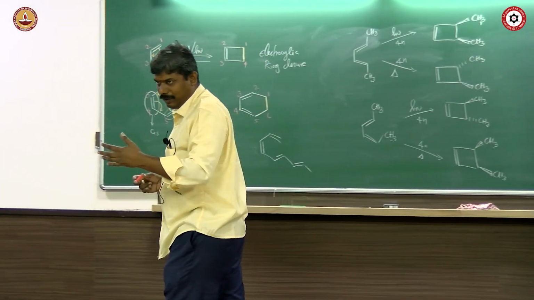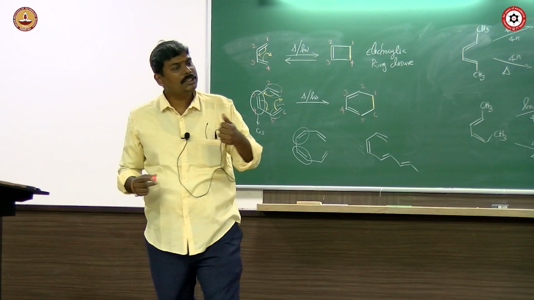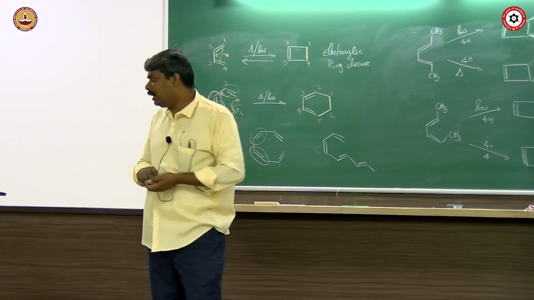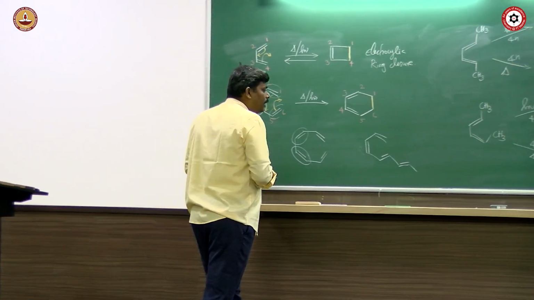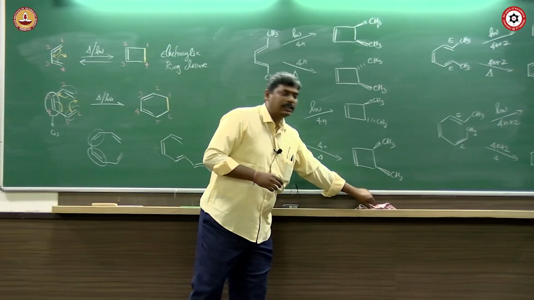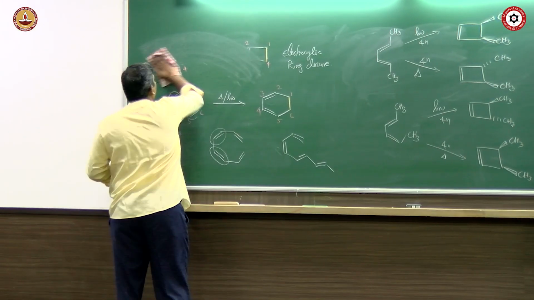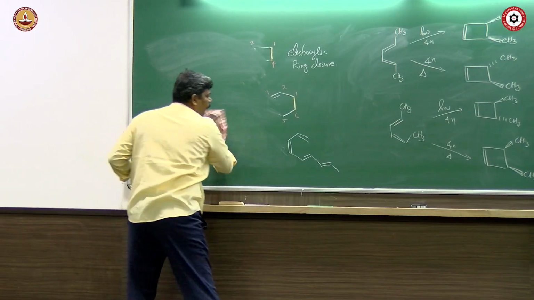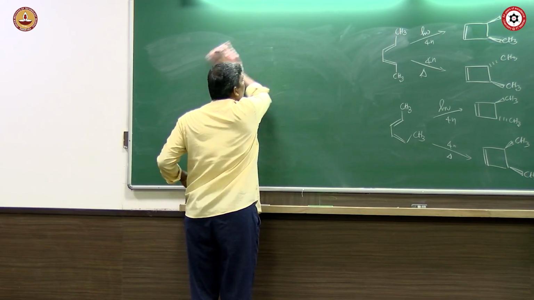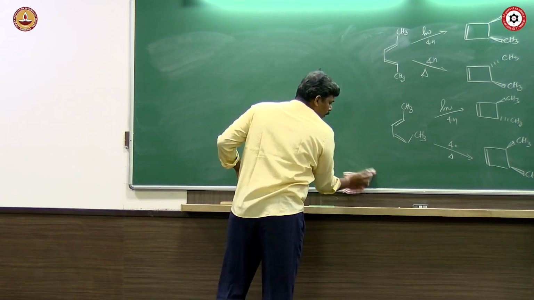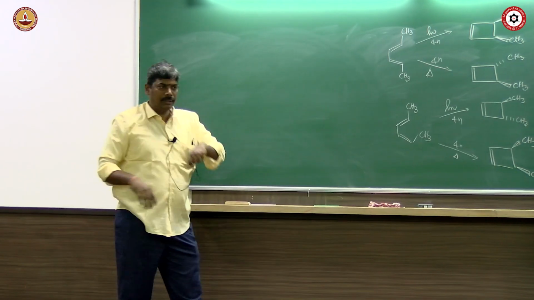If at all you have to predict, how do I do this? That's the next step. That requires an understanding of how the electrocyclic reaction occurs, how the ring closure and ring opening occur. We need to first understand that, then we'll have clarity about how we go further.